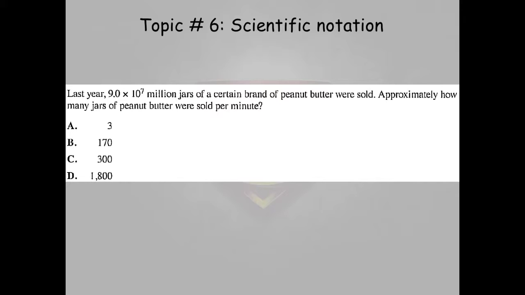So 9.0 times 10 to the 7th means we're going to move the decimal over 1, 2, 3, 4, 5, 6, 7. Add our zeros. Okay, so we have our commas. This is 90 million. 90 million jars of peanut butter were sold.